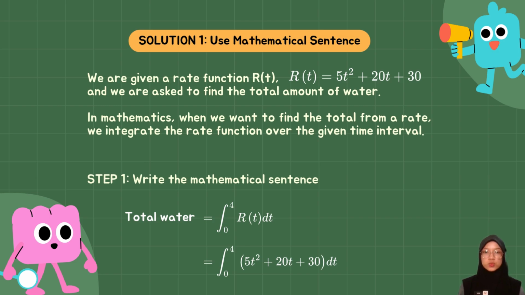In mathematics, when we want to find the total from a rate, we integrate the rate function over the given time interval. So step 1, of course we need to write the mathematical sentence. So total water equals the integral between 0 and 4 of the rate function, dt.